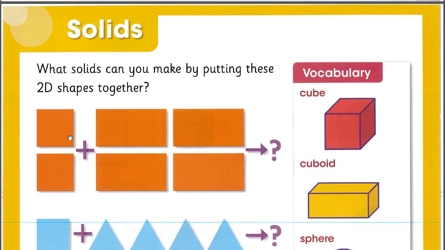So what are we going to do, boys? We will combine 2D shapes to make 3D shapes, or solid shapes. You can say solid shapes or 3D shapes, which is easy.